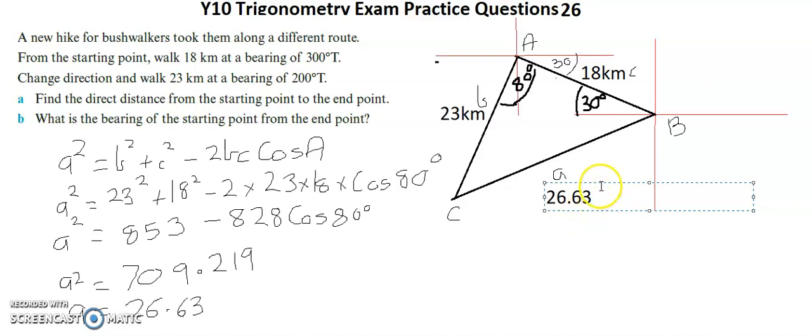Now we are going to use the same rule, but this time I'm not going to have an angle. I'm going to have all of my sides, and we are going to find our angle. Because we are looking at part B, where we want to find the bearing of the starting point from the end point, the first thing we need to do is really understand what that bearing is.